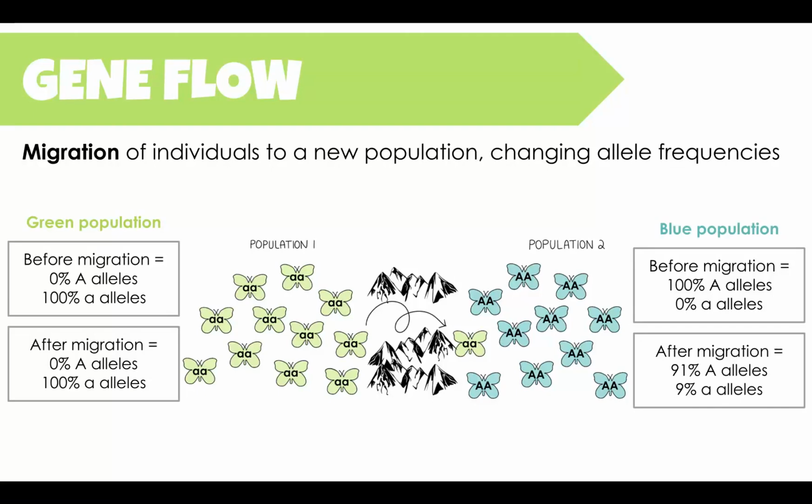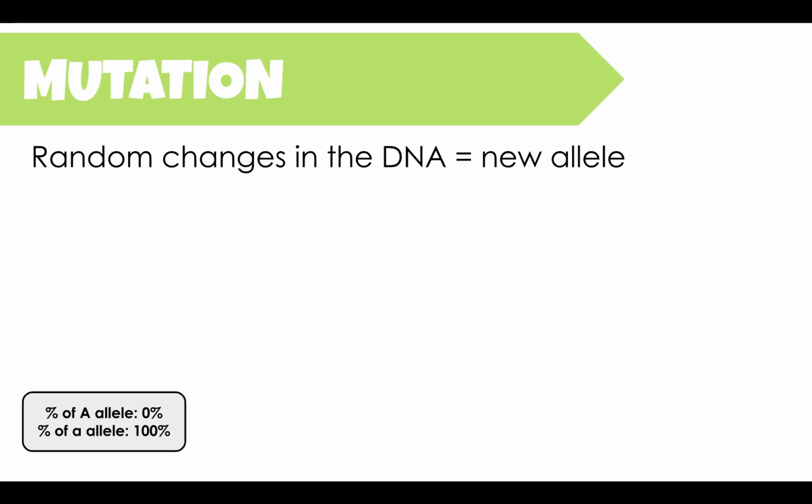There's 91% of the population that has the dominant allele, and there are now 9% of the gene pool that has little a, or recessive alleles. So it seems like a small shift, but it is a change in allele frequency. And if this is continually happening, then we will see a real change in traits and evolution occurring.